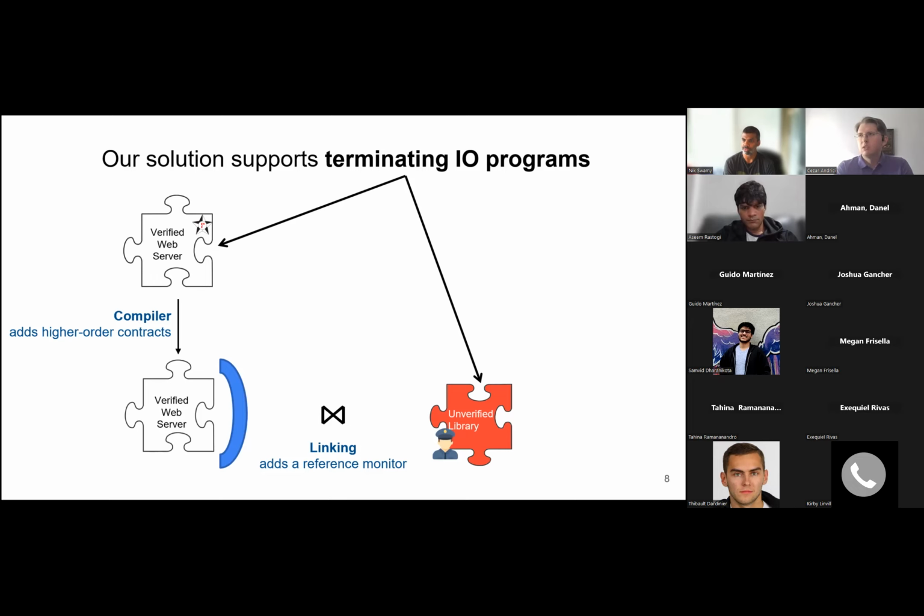And this works even in the presence of an unverified, potentially buggy library? The library itself might loop, right? Right. So our assumption for now is that the library is also terminating, in the sense that our target language is a safe subset of F star that only allows terminating IO programs.